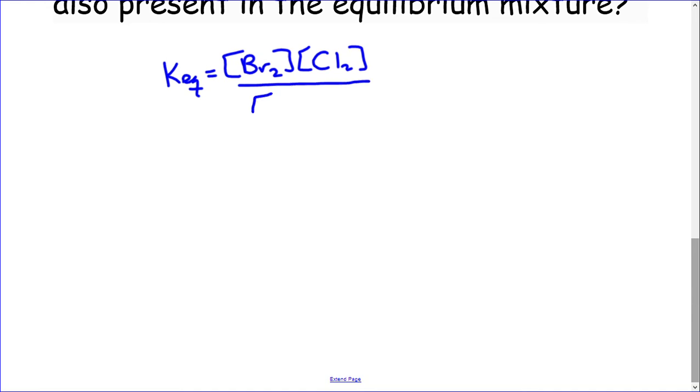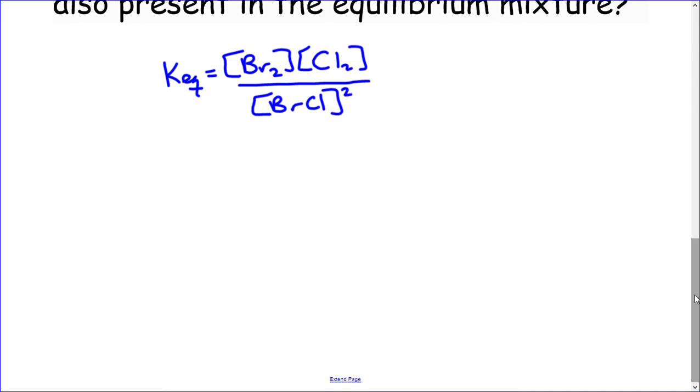So I'm going to set up our KEQ equation. KEQ equals my bromine gas and my chlorine gas, and that's all going to be over BrCl, squared.